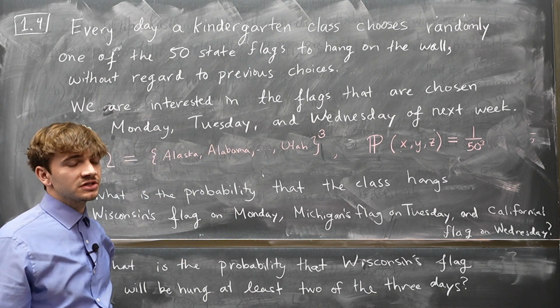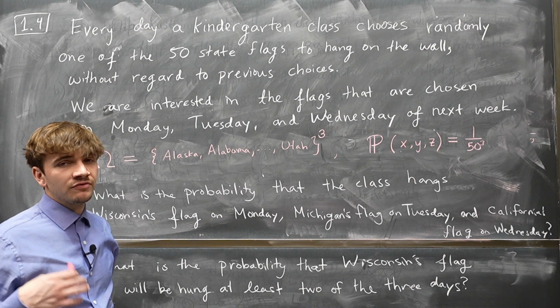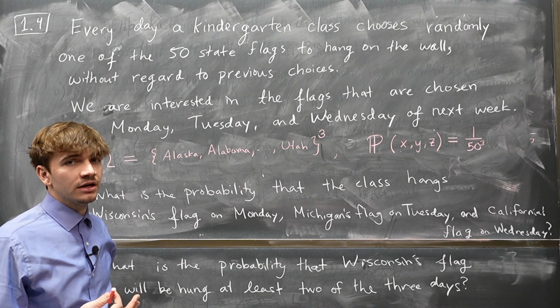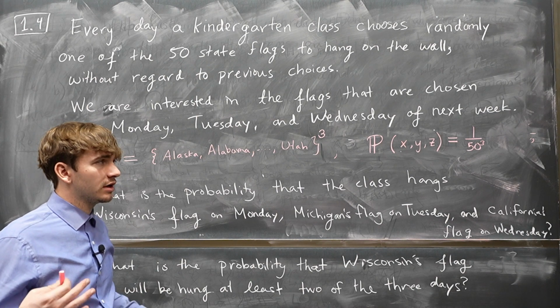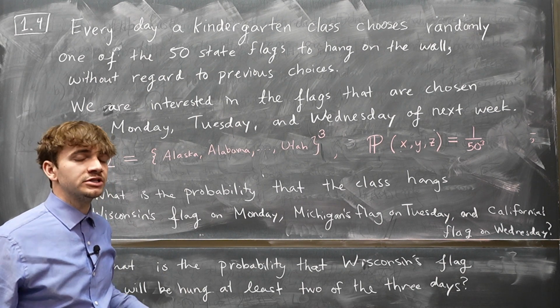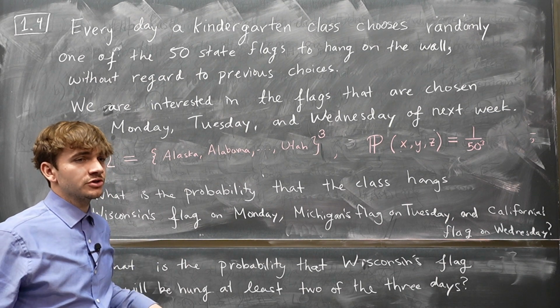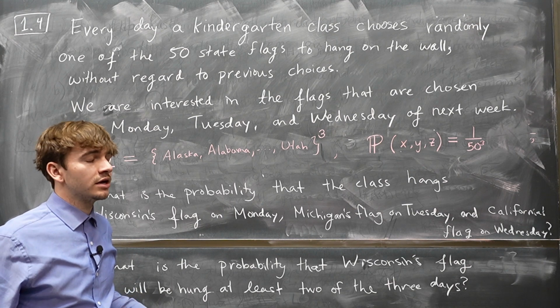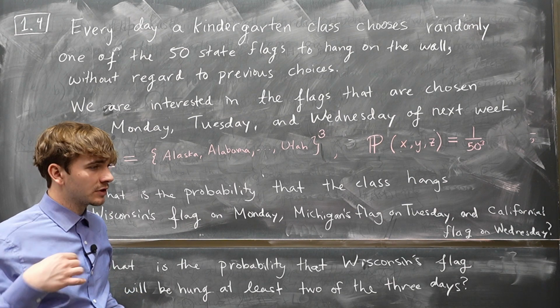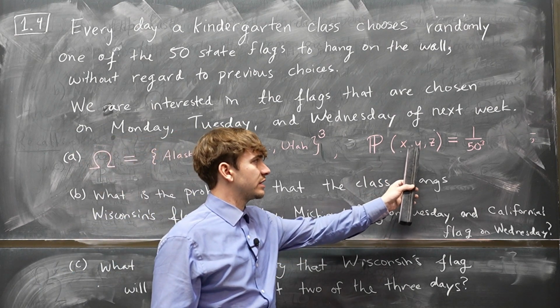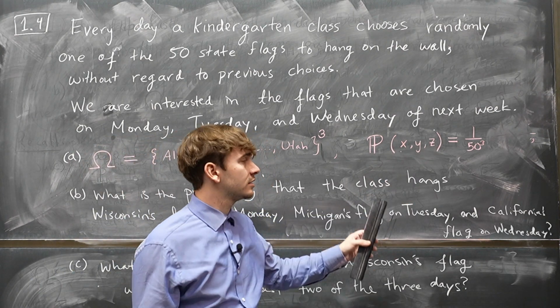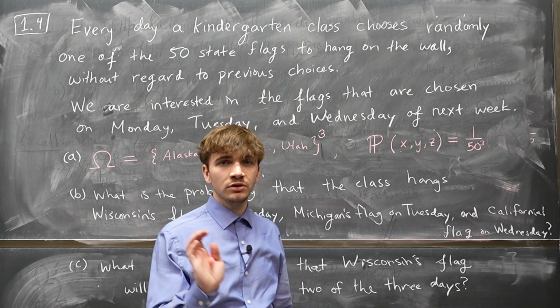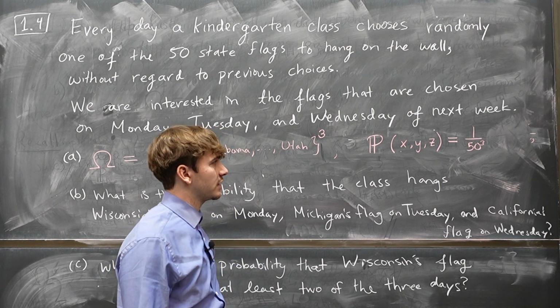So we can choose the same flag twice. We have no memory of our previous day. If it's Tuesday, we have no memory of what we chose on Monday. So all flags are equally likely to be chosen on Tuesday, which means that each of these events is somehow independent, and so the probabilities will multiply in this fashion.